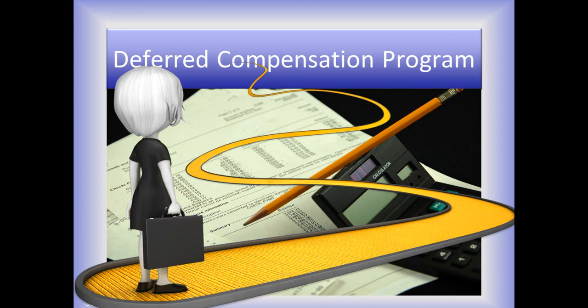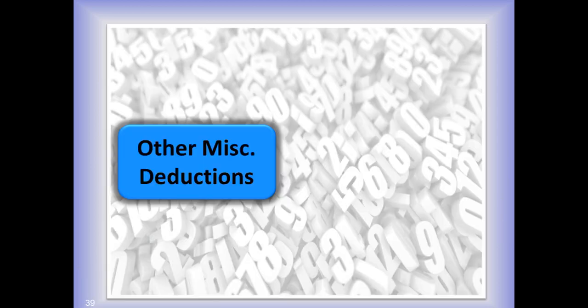Any deferred compensation is still reported as income for the purpose of child support or divorce settlement, but may not be subject to the execution of garnishment or bankruptcy. Other miscellaneous deductions. Some examples of other miscellaneous deductions are child support.